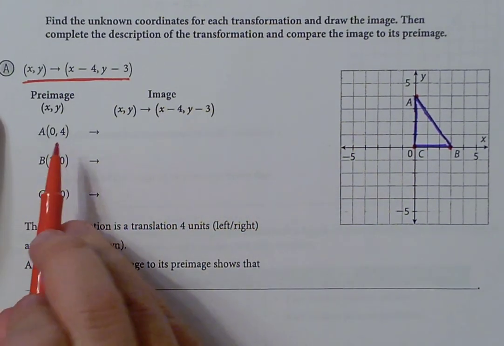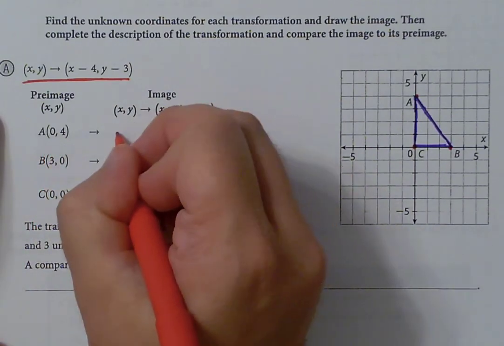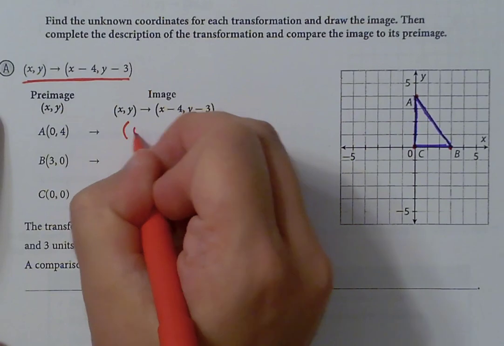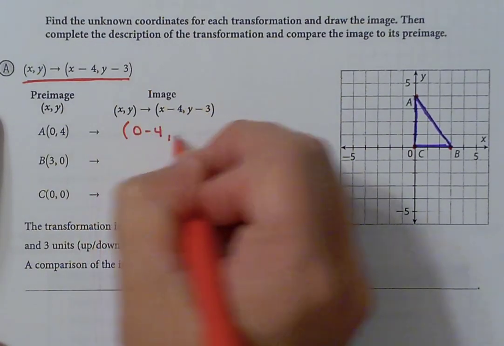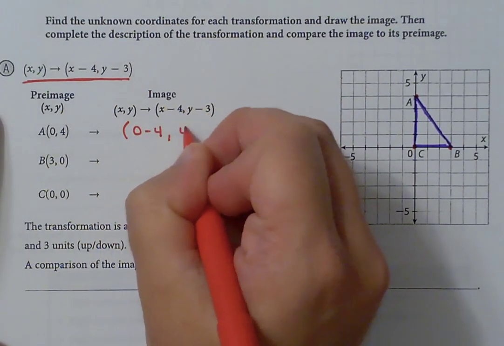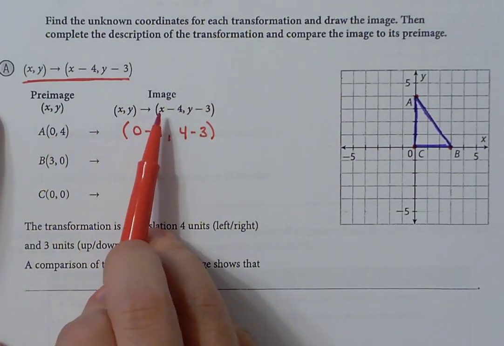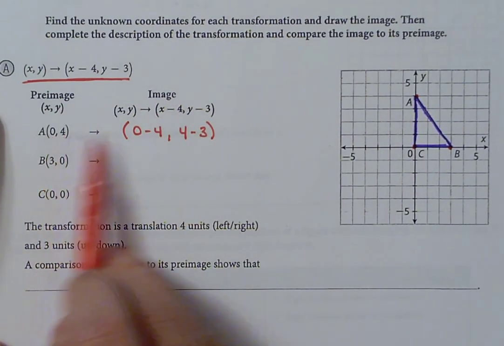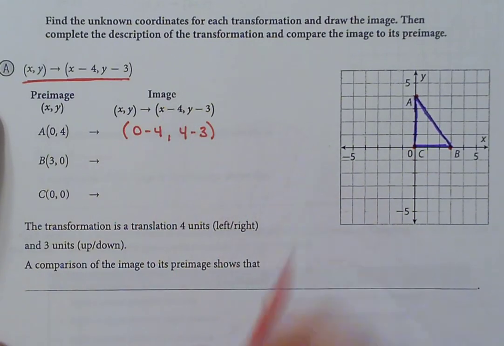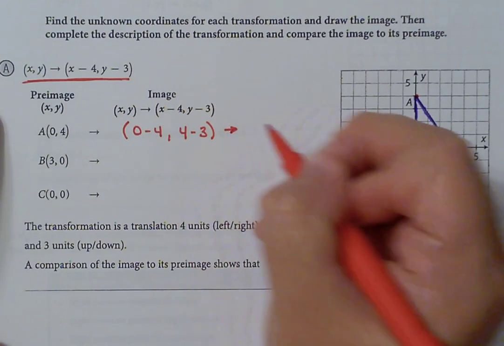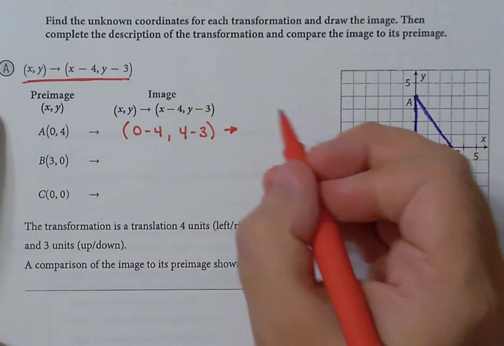So what this means is we take 0, 4, and if we plug it in, we're going to get 0 minus 4, 4 minus 3. I take my value for x and plug it in for x, my value for y and plug it in for y. To figure out where your new points are going to end up, you just go through and simplify.